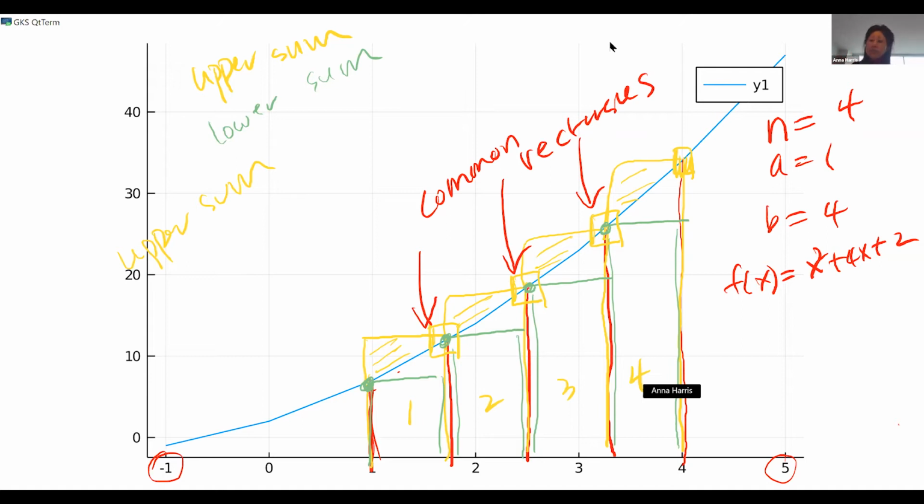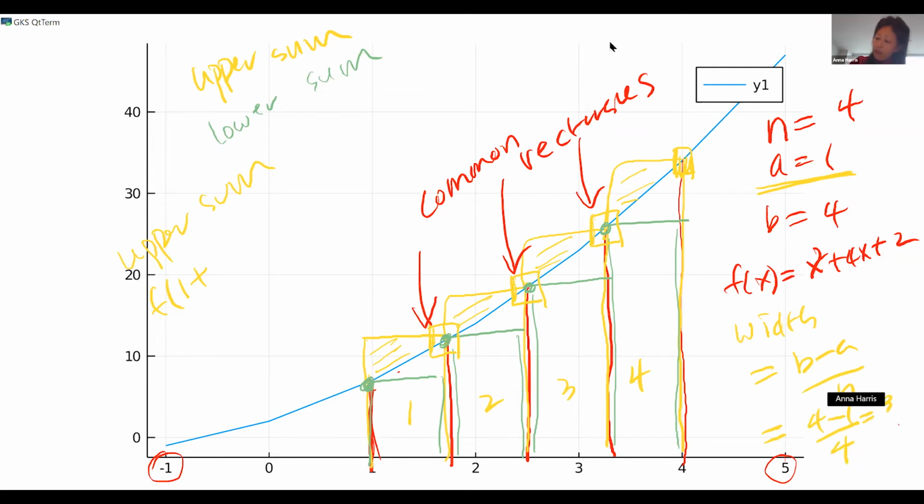So upper sum is you using f of, you're starting with a, right? So 1 plus, remember the width? Width is b minus a over n, in this case 4 minus 1 over 4, which is 3/4.